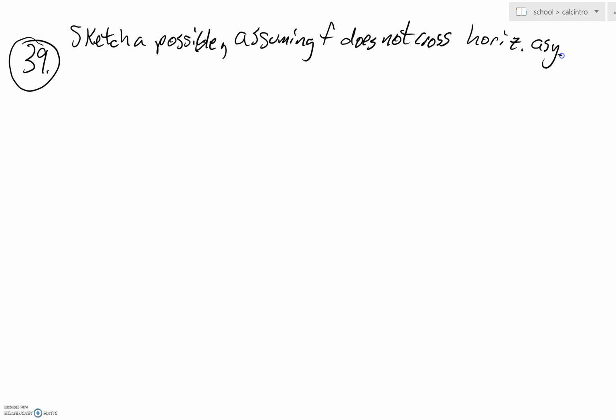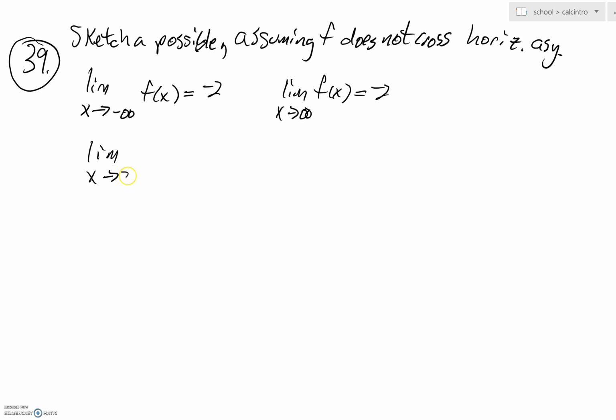Okay, so they're giving us these guidelines, but then all of a sudden they give you this plethora of information. They're going to say the limit as x approaches negative infinity of f of x is -2. The limit as x approaches positive infinity of f of x equals -2. They're telling you the limit as x approaches 3 from the left of f of x goes to infinity.